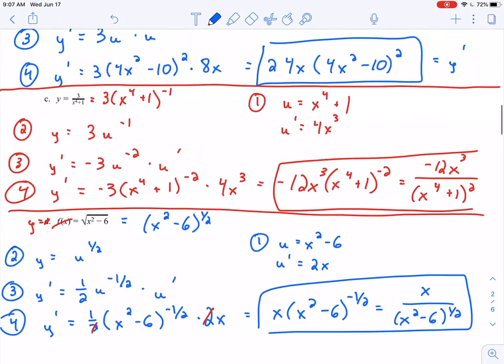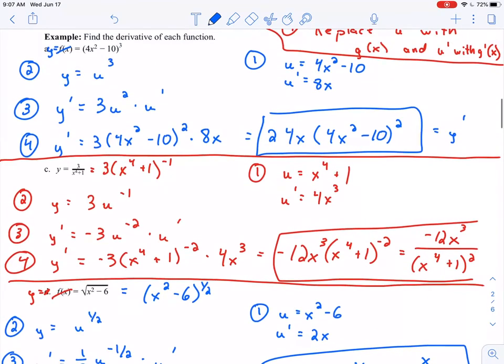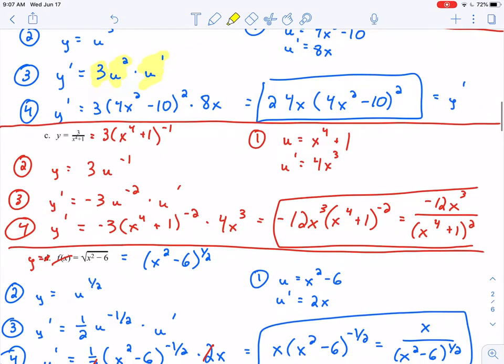then what does the derivative of this look like? Well, let's look back at each one of these. If I look at what I had right here, I had u to the 3rd. What did I do? Well, I multiplied by my power, subtracted 1 from my power, multiplied by u prime. What about in the next example? Well, I had 3u to the minus 1.